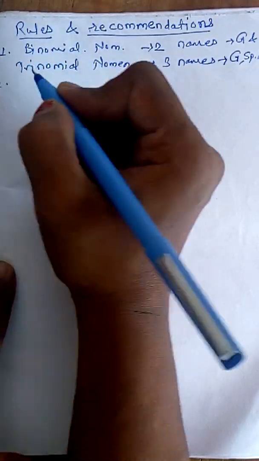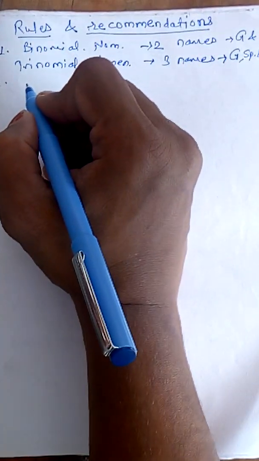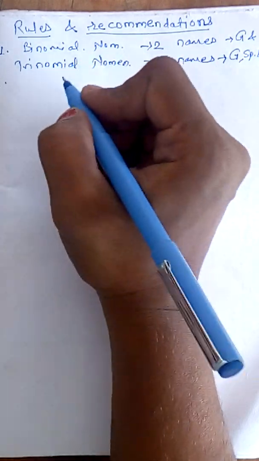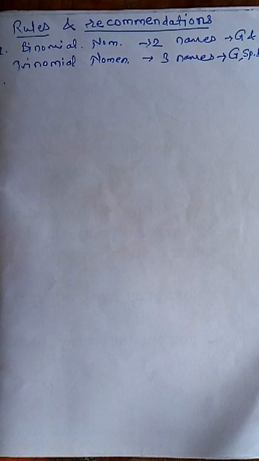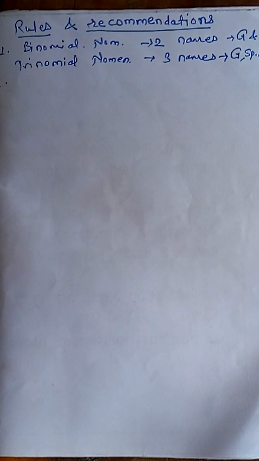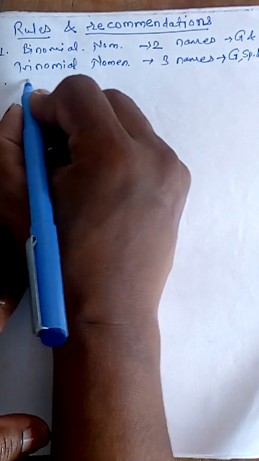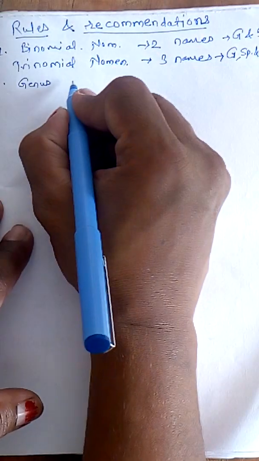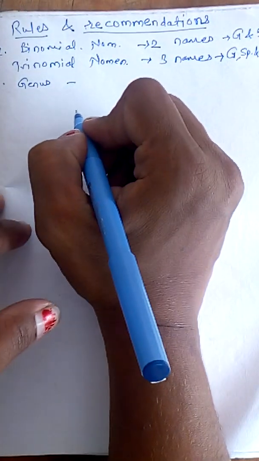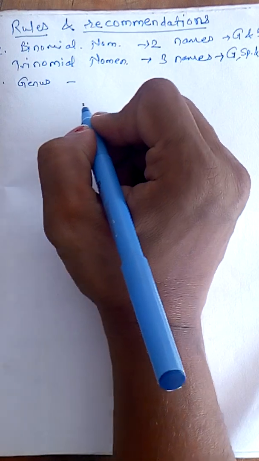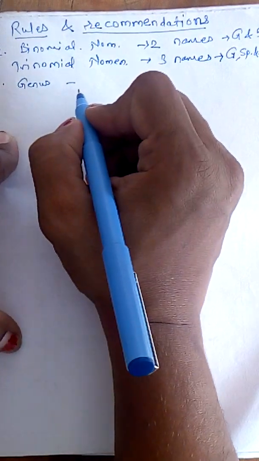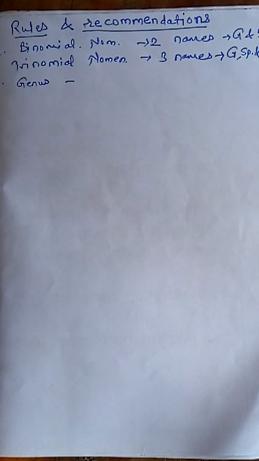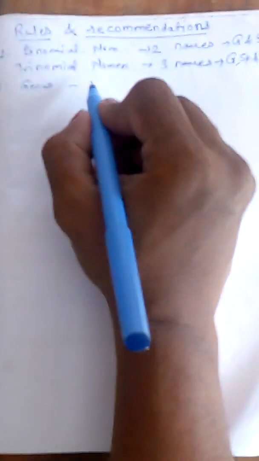The second rule is that the generic name is single and it always begins with a capital letter. We already discussed this rule in binomial nomenclature. So when we are writing any genus, write the first letter in capital form. For example, Homo sapiens is the scientific name of the human being, where Homo is the genus.